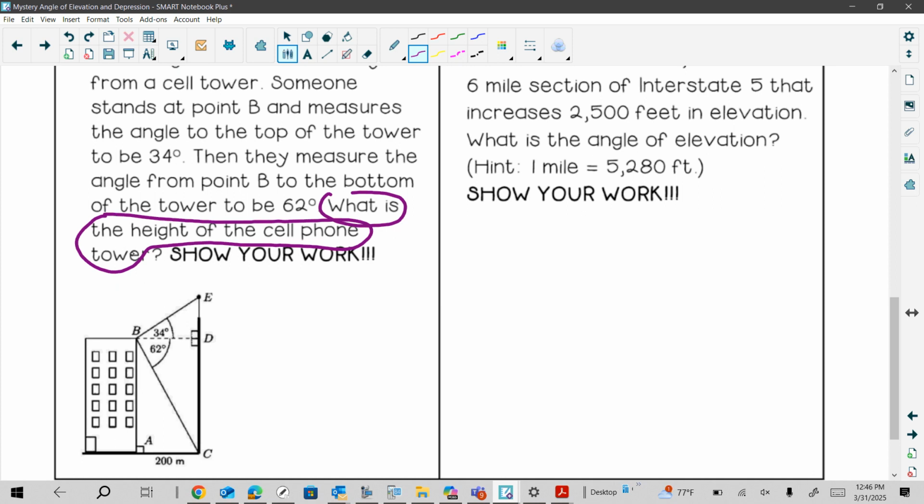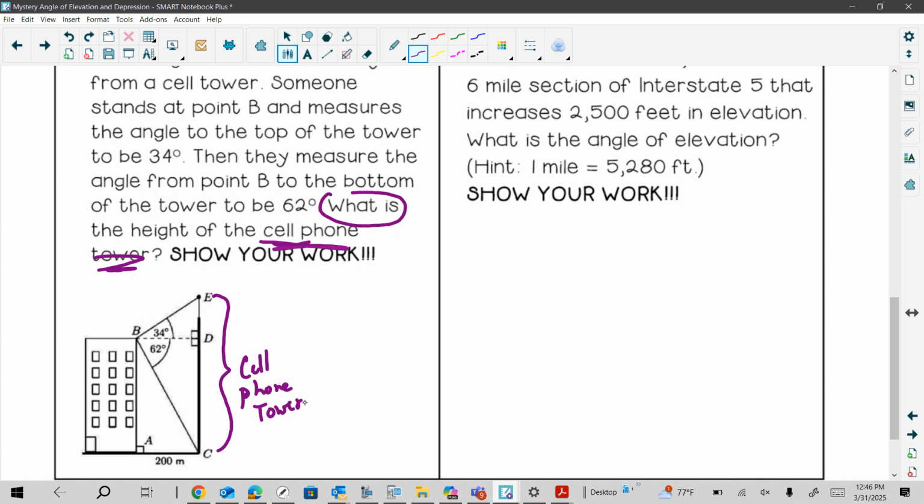So I need you to understand, in this diagram, our cell phone tower, that part right there, is from E all the way down to C. This is your cell phone tower. I'm just going to write the two letters EC.